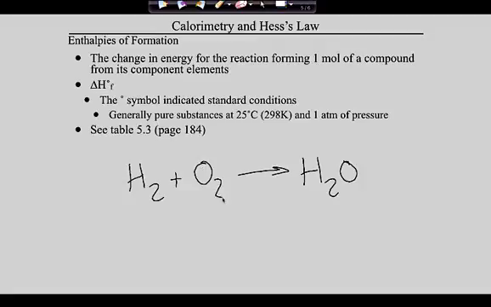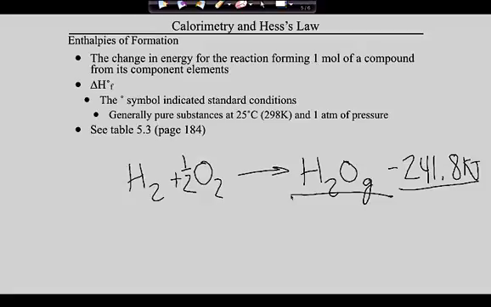So if you take 1 mole of hydrogen and half a mole of oxygen and react that together to make a mole of water in its gaseous form, that will release 241.8 kilojoules of energy. That's what these values mean. So again, the idea is it is the amount of energy when a mole of a substance is made from its component elements. Do you get the idea?